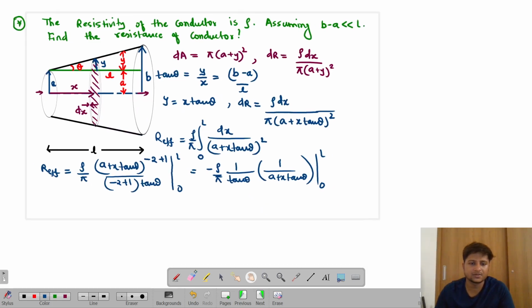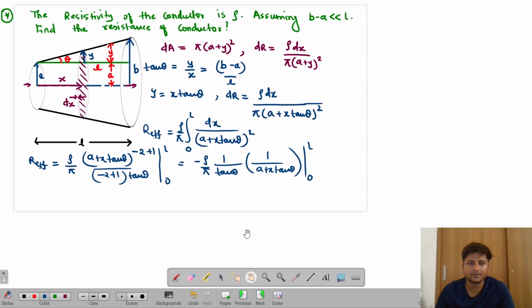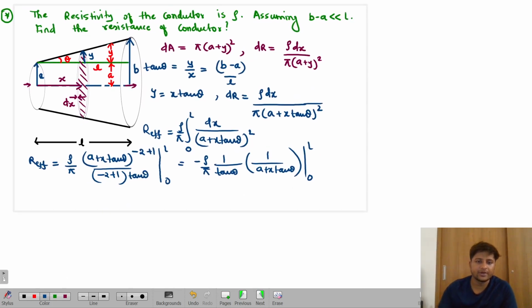So I got this equation, I got my R effective relation. Can I just replace L over here?